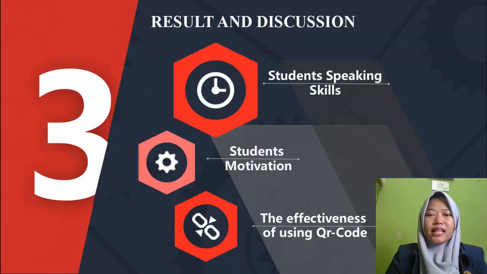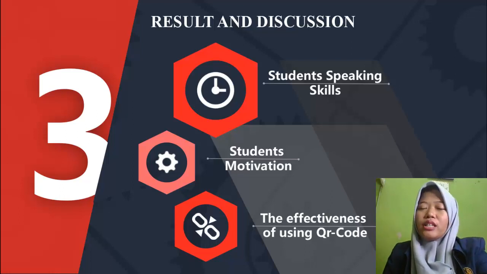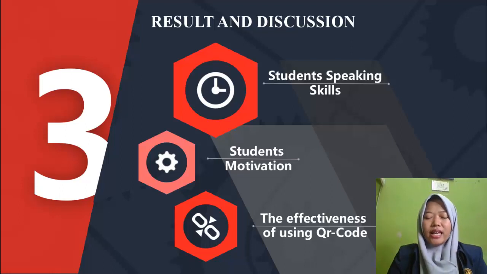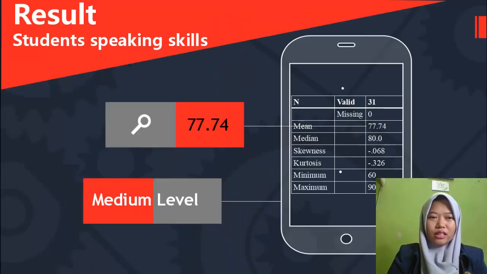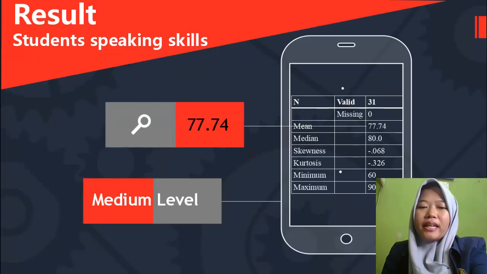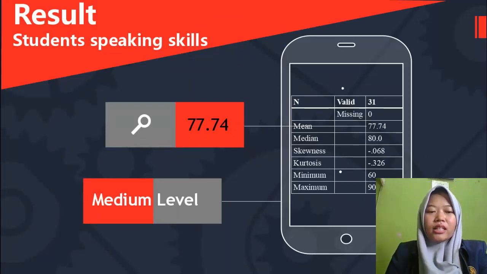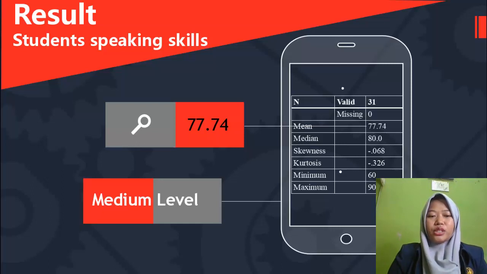Next, result and discussion. In the result and discussion here, the researcher answered the research questions. They are: how is student speaking skill, how is student motivation, and the last is the effectiveness of using QR code. Next, student speaking skills. The research showed that student speaking skill is at the medium level.